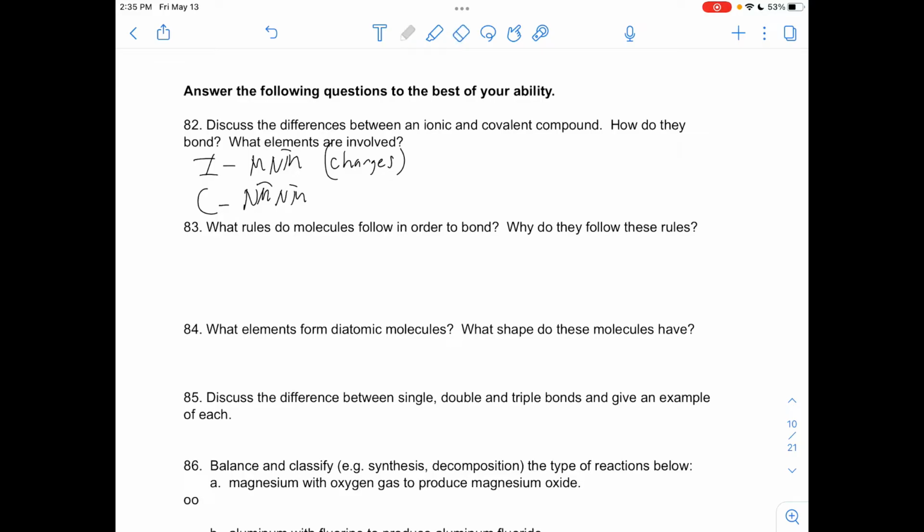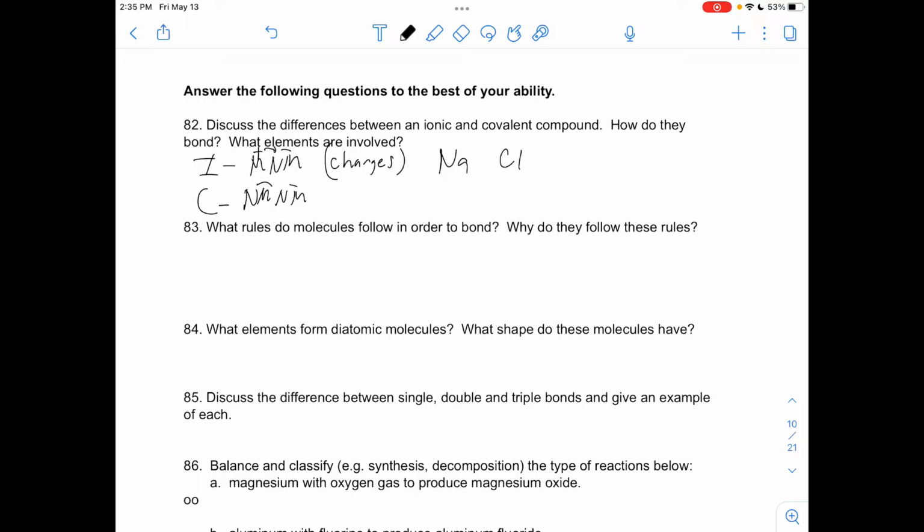And actually, it all has to do with electrons. So for positive and negative, remember that all atoms want to become like noble gases. They want to have a filled up orbital. They want to have 8 valence electrons. So what ends up happening is that the metal gives electrons to the nonmetal to become like a noble gas, and the nonmetal receives it, and that causes them to have charges.